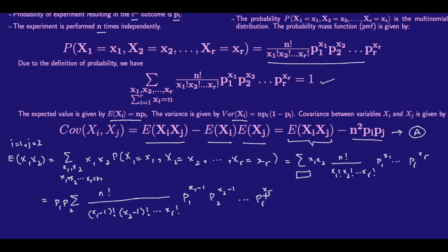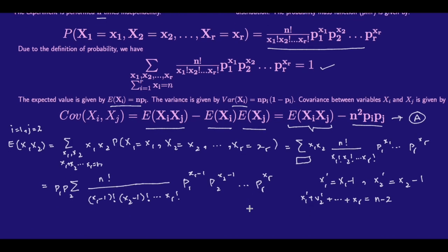Now we have to do a change of variables: x1 prime is equal to x1 minus 1, and x2 prime is equal to x2 minus 1. Since the sum of x1 plus x2 up to xr is equal to n, x1 prime plus x2 prime plus up to xr should be n minus 2. Why n minus 2? Because we take away 1 from here and 1 from here, so we have taken away 2 from the total sum of n.